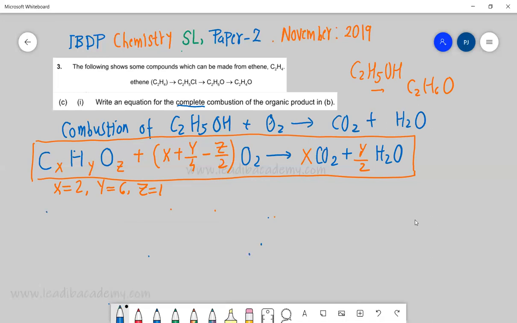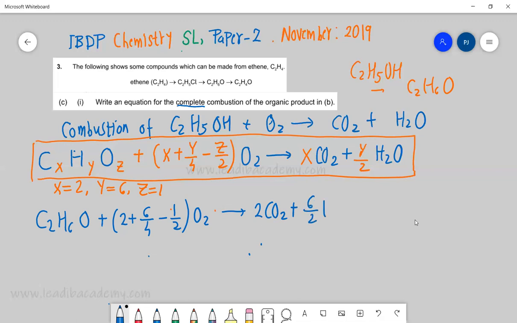In this case, it is C2H6O plus, X is 2, Y is 6, so 6 by 4 minus Z by 2, oxygen, giving us X of CO2, that is 2 CO2, plus Y by 2, that is 6 by 2 H2O.